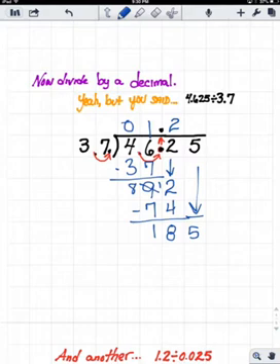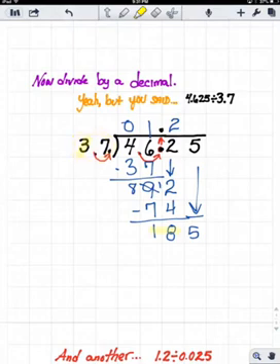Bring down the 5. Okay. 37 goes into 185. How many times? Well, shortcut. Ignore the ones digit. Look at the 3 and the 18. 3 goes into 18 6 times. But that's 3 going into 18, and this is almost 4. The 3.7 here is almost 4. So I'm gonna back down one.